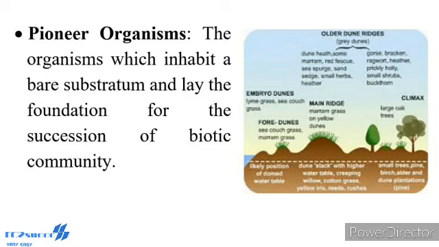These later pave the way to some very small plants like bryophytes, which are able to take hold in the small amount of soil. They are with time succeeded by bigger plants, and after several more stages, ultimately a stable climax forest community is formed.